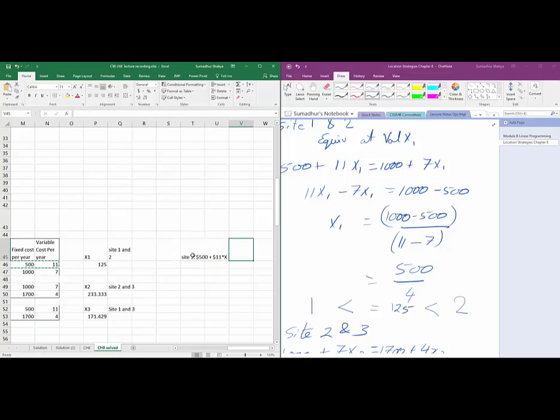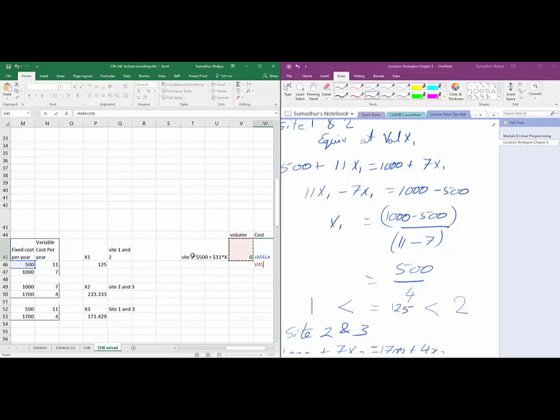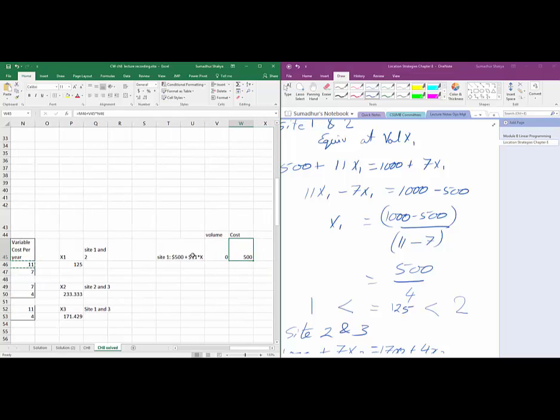Let's say if the volume was to be 0, then at x equals 0, our cost turns out to be 500 plus volume times 11.